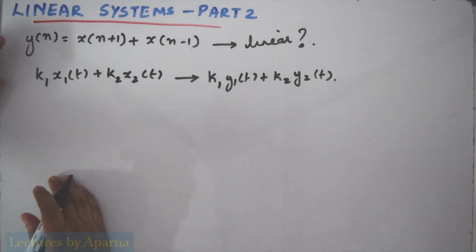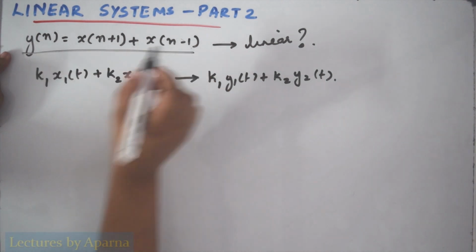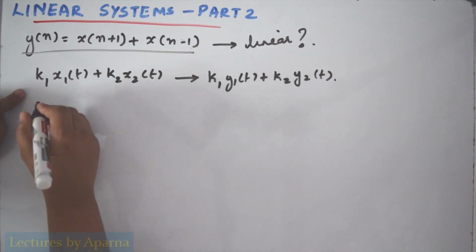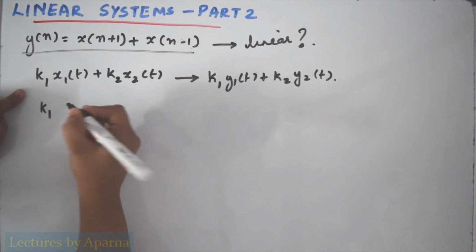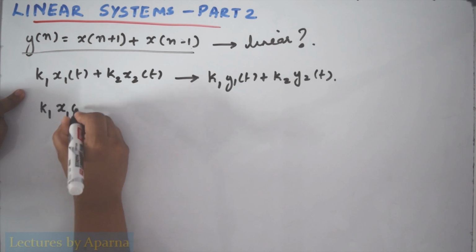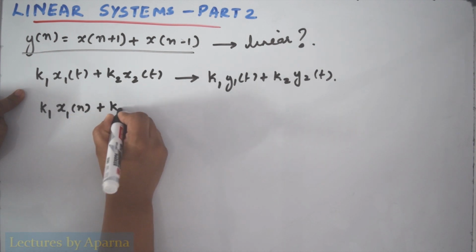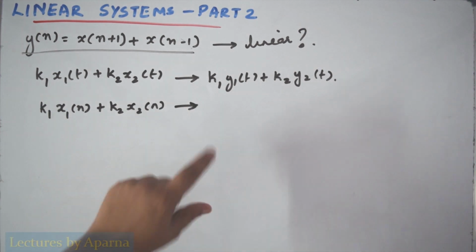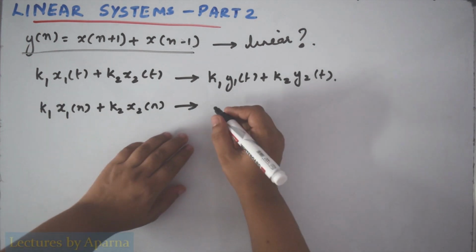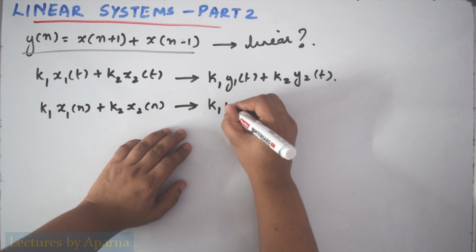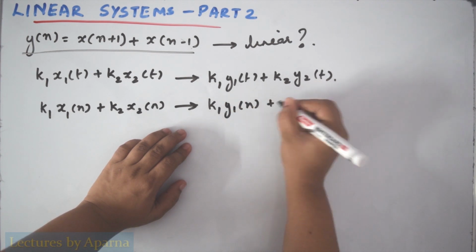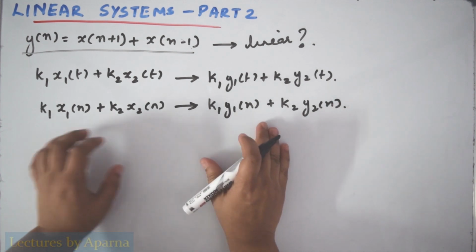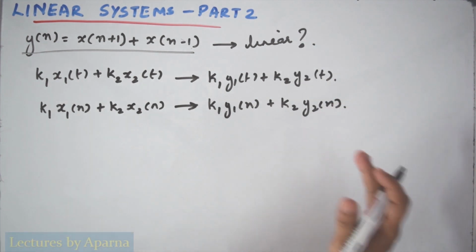So here, since this is in discrete form, instead of x1 of t we will put x1 of n. So an input k1 x1 of n plus k2 x2 of n, when given to a system, if the output we obtain is in the form k1 y1 of n plus k2 y2 of n, then we can say the system is linear.